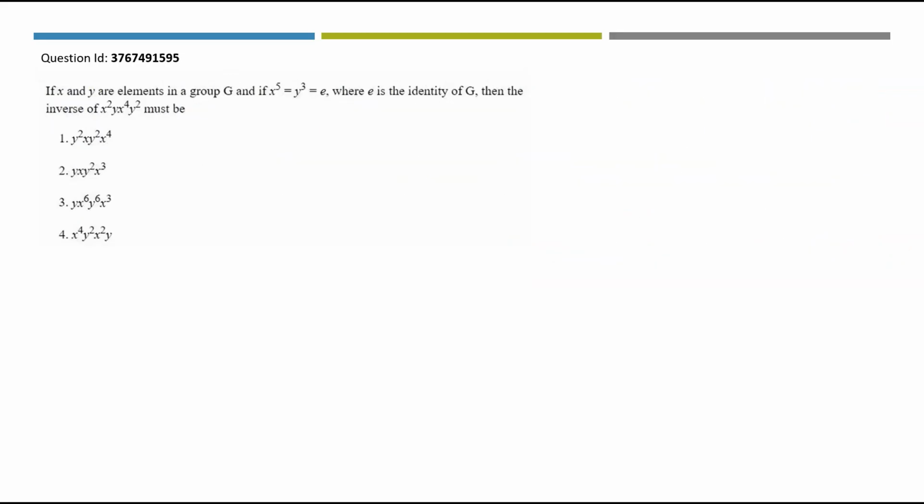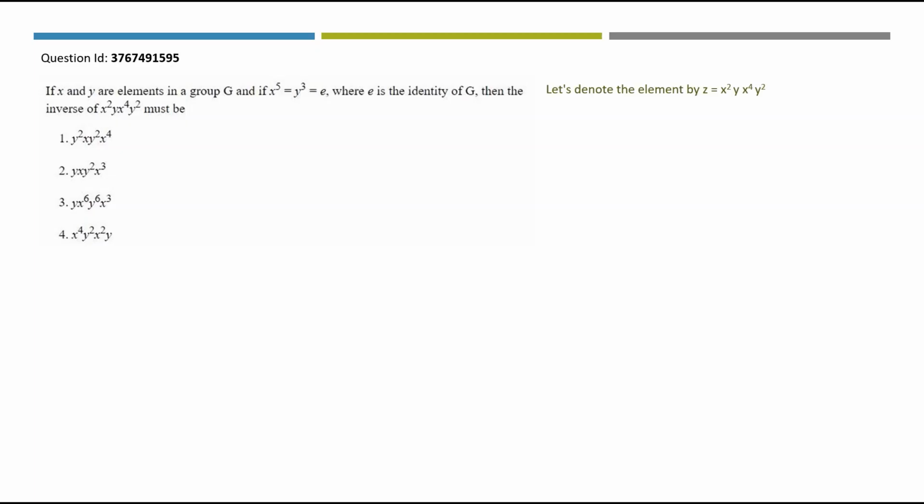Next question. If x and y are elements in a group G and if x power 5 is equal to y power 3, which is equal to E, the identity element of G, then the inverse of x square into y into x power 4 into y square must be which of the following options?